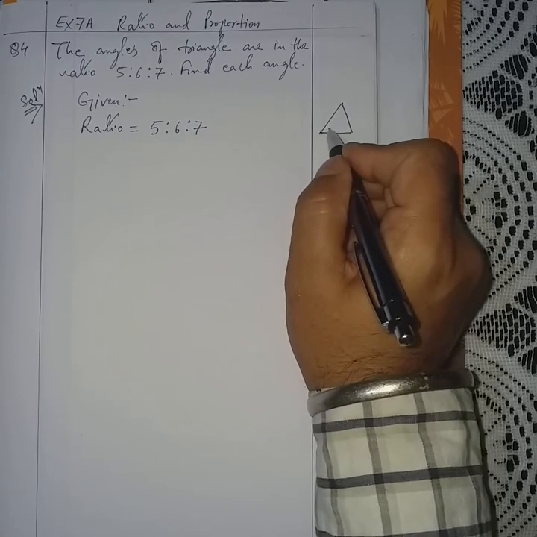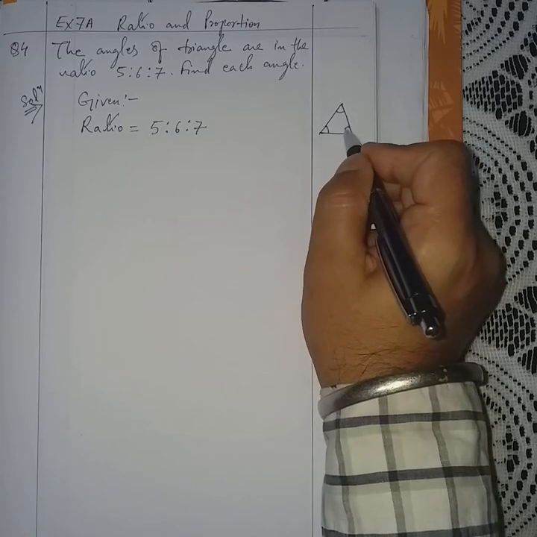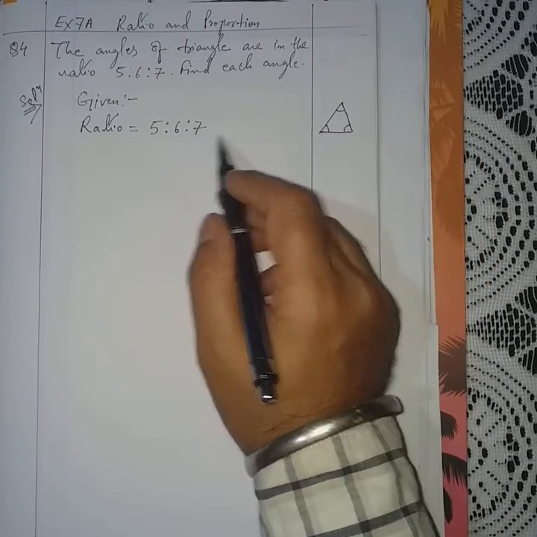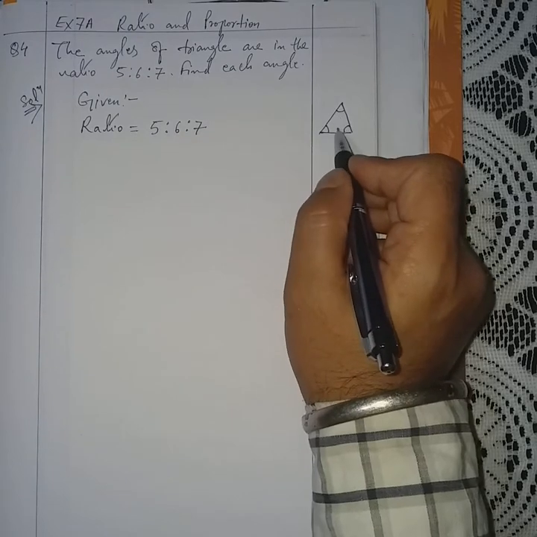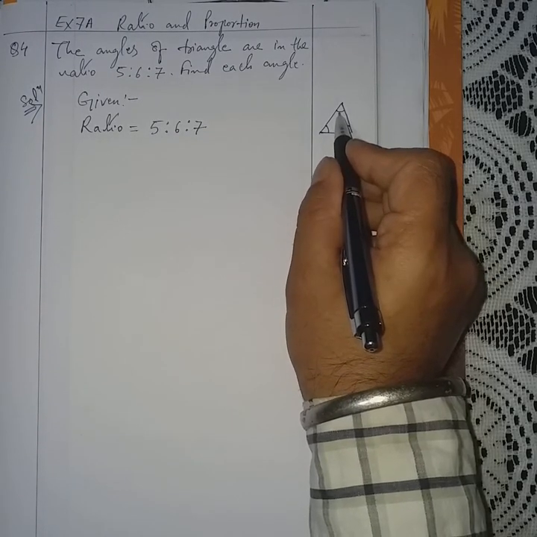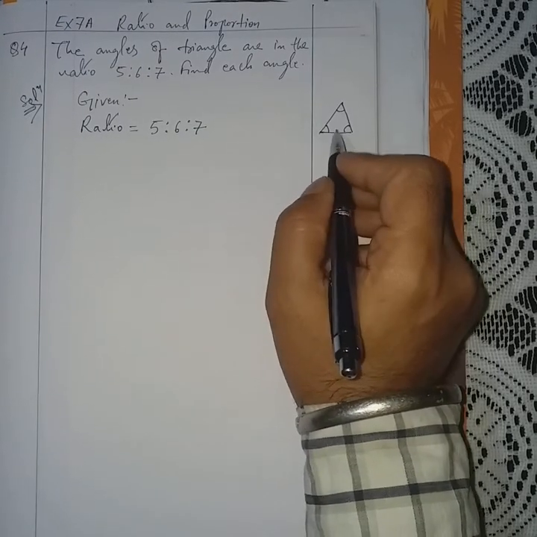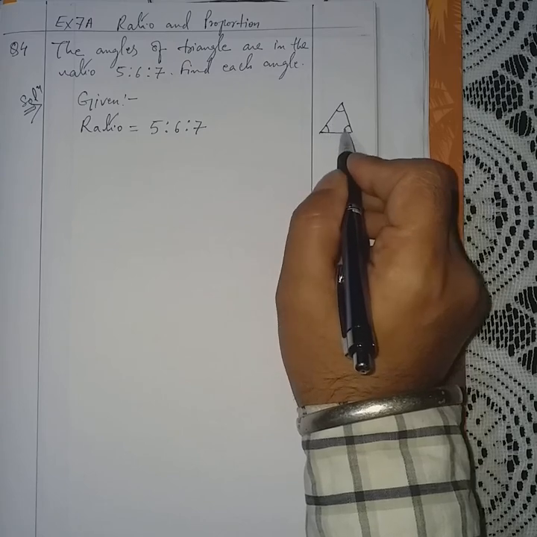In a triangle there are three angles: angle 1, angle 2, angle 3, and this ratio is given for this triangle's angles. So suppose this is 5, then this is 6, then this is 7 in ratio, but we have to find the actual measure of these angles.